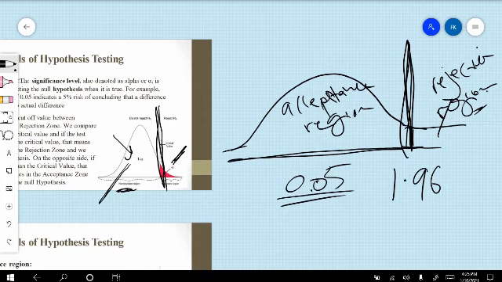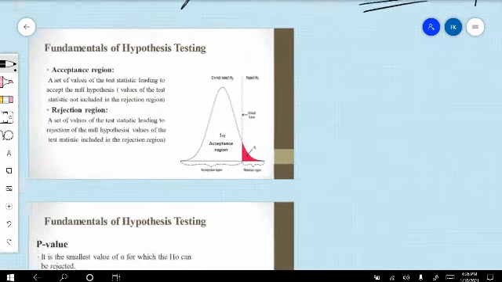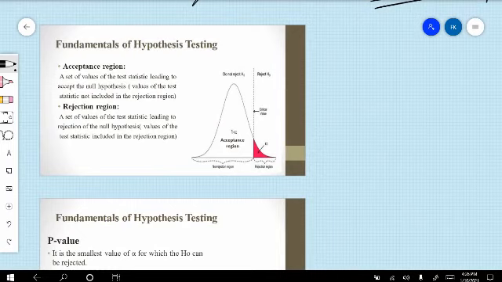So we accept the null hypothesis and reject the alternative. But if the calculated is more than the critical value, it will fall here in the rejection area, and we reject the null hypothesis.